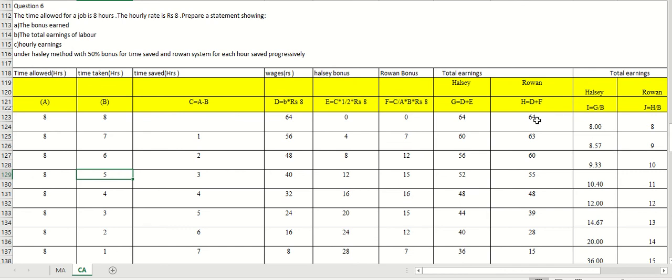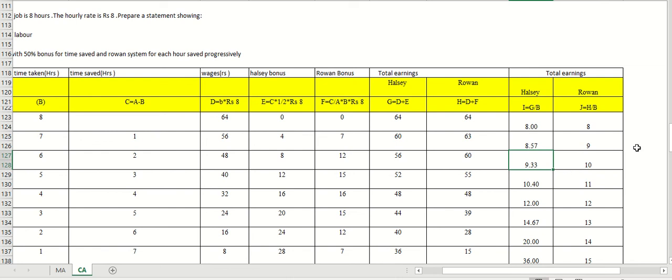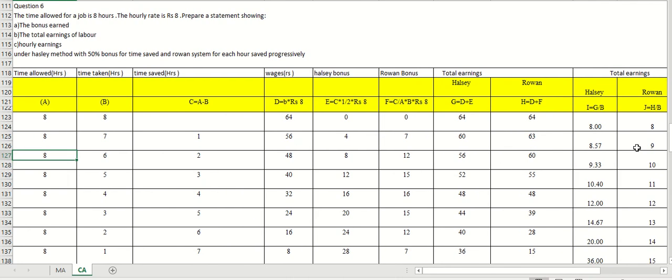Under the Rowan method, you take the total earnings divided by the time taken, which is 64 divided by 8. For the second one, under the Halsey method, you have 60 divided by 7, which gives 8.57. Under the Rowan method, 63 divided by 7, which gives 9. So we calculate everything like that and we get the total earnings of labor per hour.